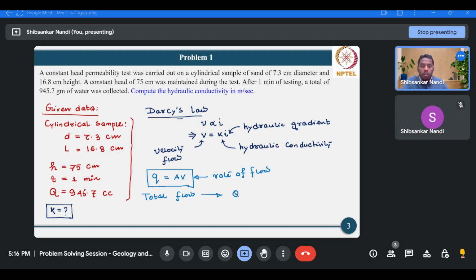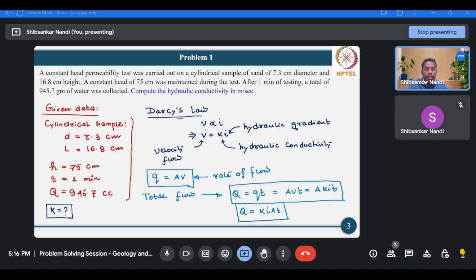So Q will be Q into T, that means A V T, that means A K I T. So this is the total flow, and this is the final equation we have. If we reorganize this equation, Q equals K I A T.